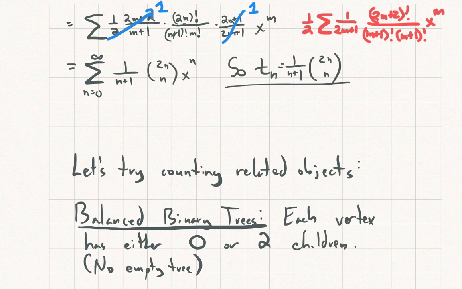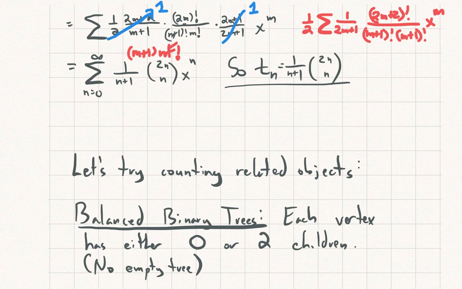I have (2m)! over m! times, in the denominator, (m+1)!. But I'll take the m+1 out, so I'll rewrite this as (m+1) times m!. That's (m+1)!. So I have (2m)! over m! m!.